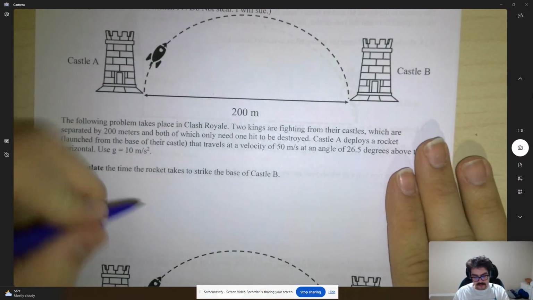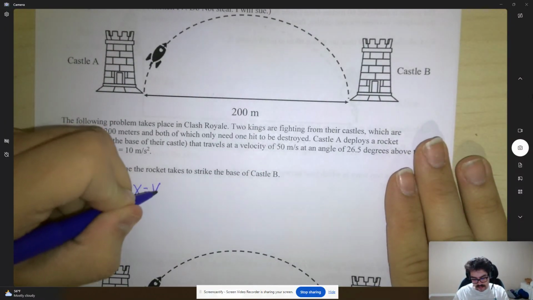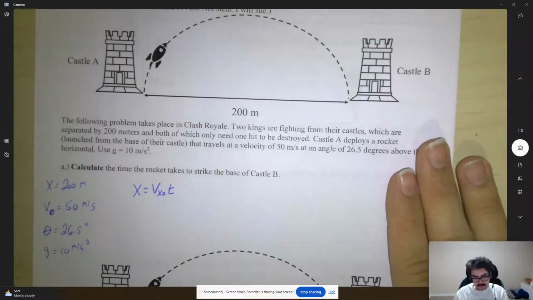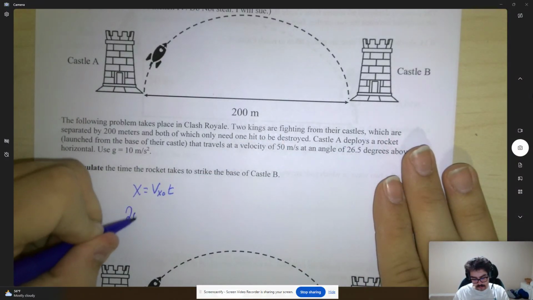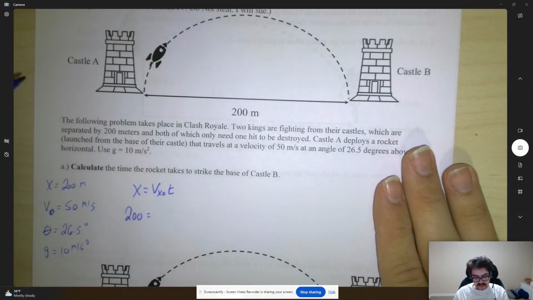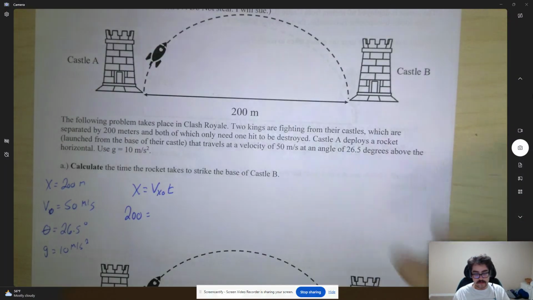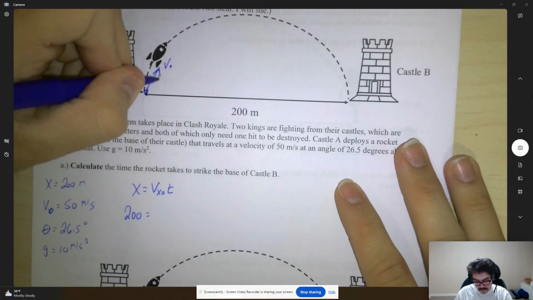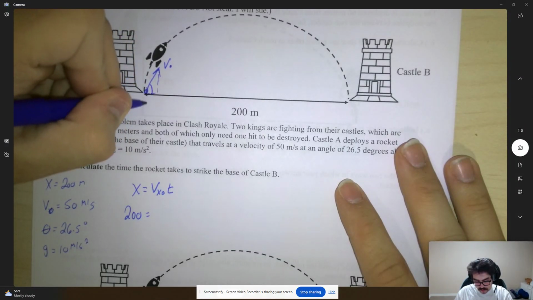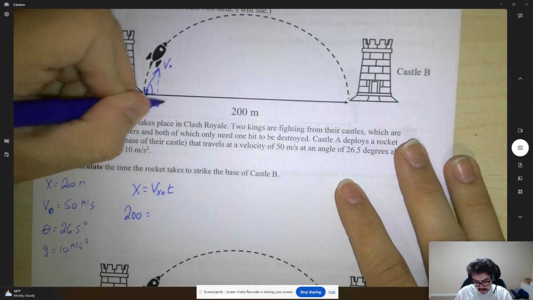So if I know that x is equal to Vx naught times t, because there's no acceleration in the x direction, I can just say that x is 200. Vx naught is going to be, well, I need to figure that part out. So if my velocity goes this way, v naught, then that means that my x component is going to be v naught cosine theta.